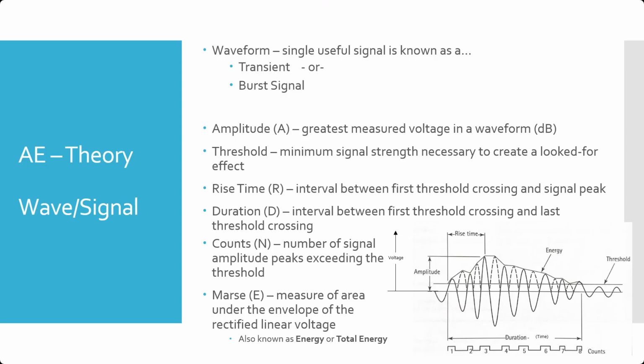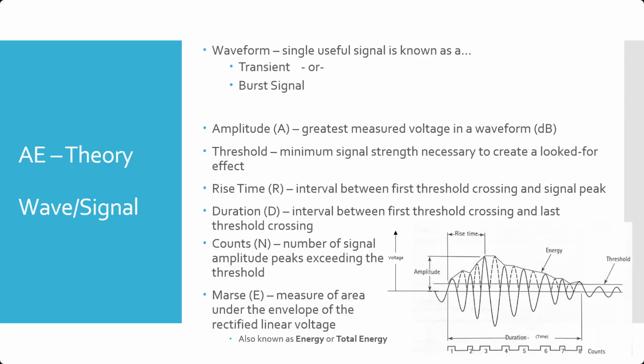The duration: how long does our signal remain above that threshold that we've defined? So here's our duration shown at the bottom, from the first peak above to the last peak above the threshold. Counts are essentially how many cycles of the wave, the number of signal amplitude peaks that exceed the threshold. Okay.